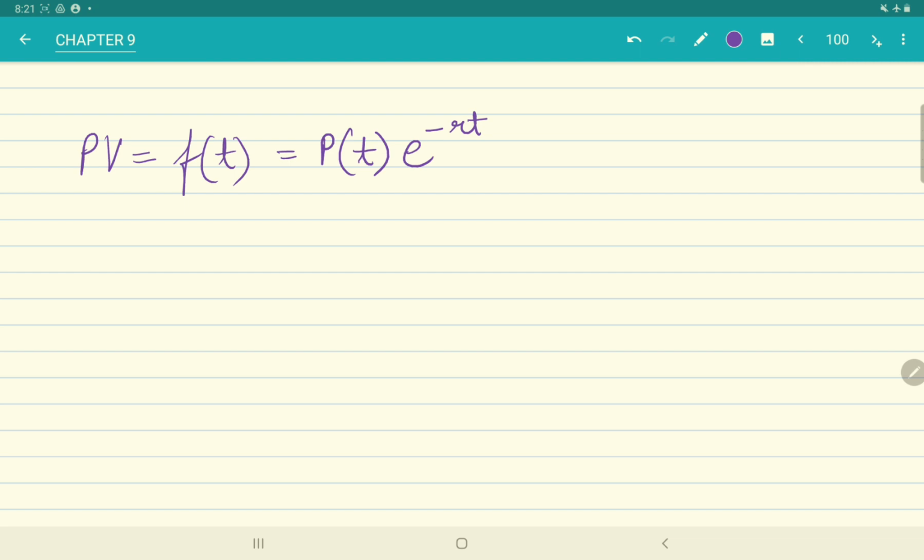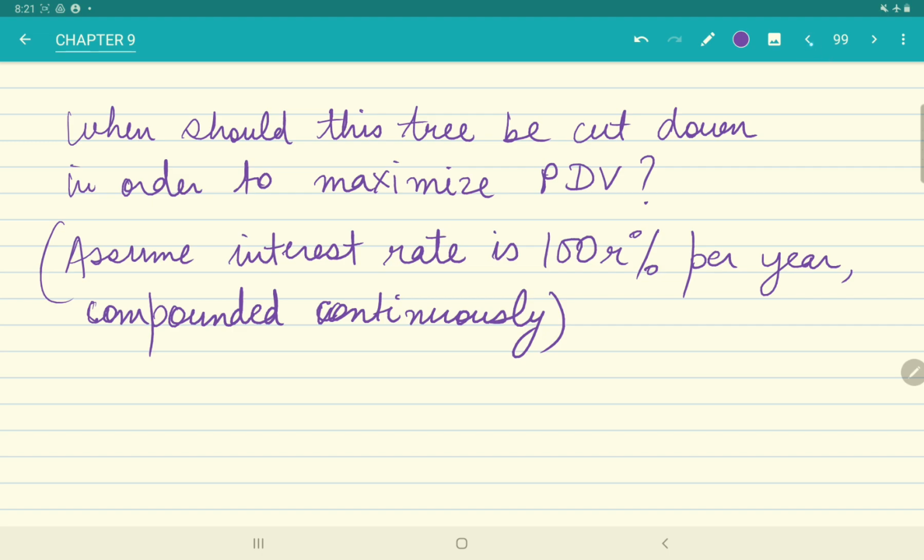If I want its derivative, because the question asks when the tree should be cut down in order to maximize the present discounted value, we need to maximize this present discounted value.